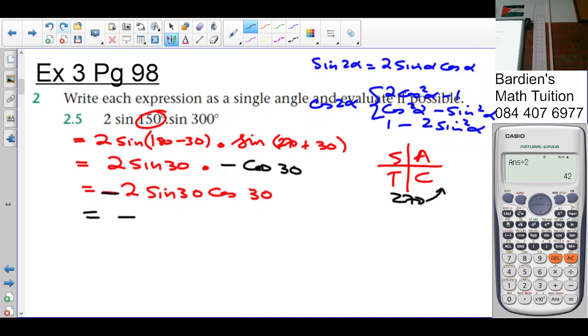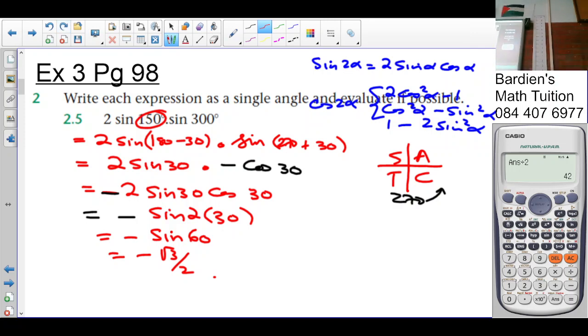So 2 sine alpha cos alpha can be written as sine 2 times alpha. And what's my alpha angle here? 30. Which is negative sine of 60. Sine of 60 is negative root 3 over 2. Okay. Any confusion there?